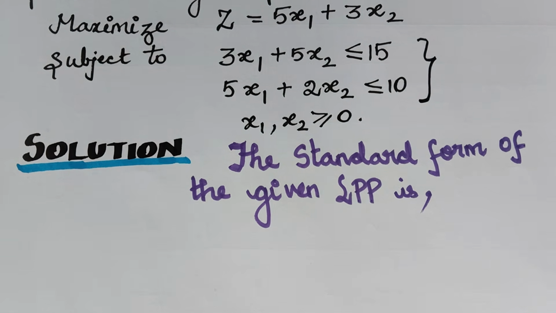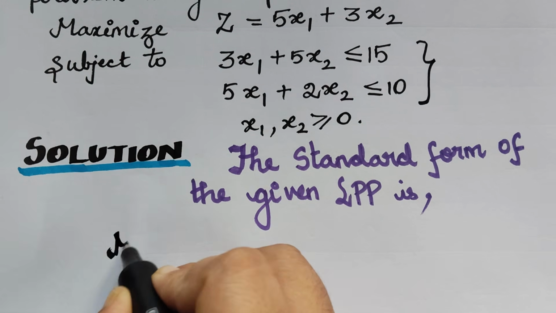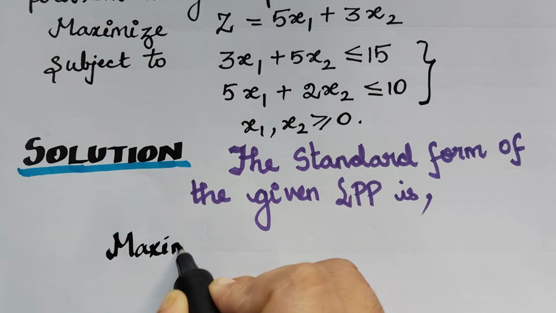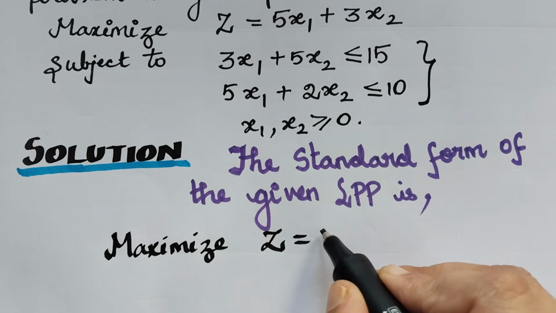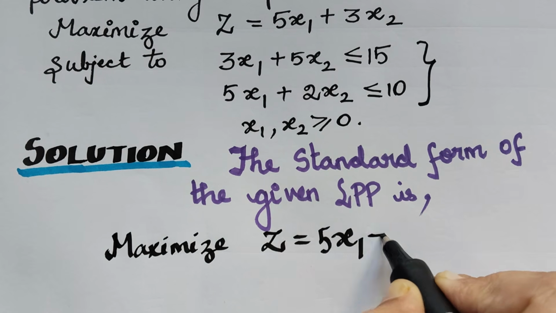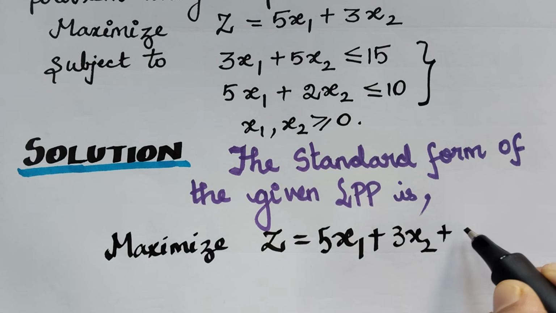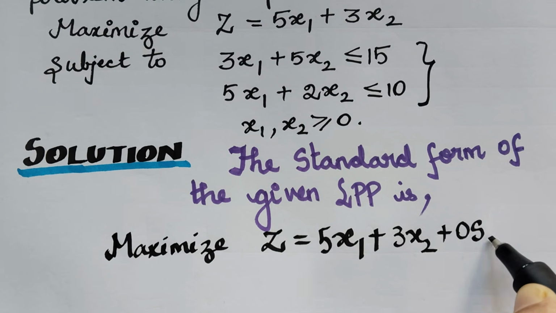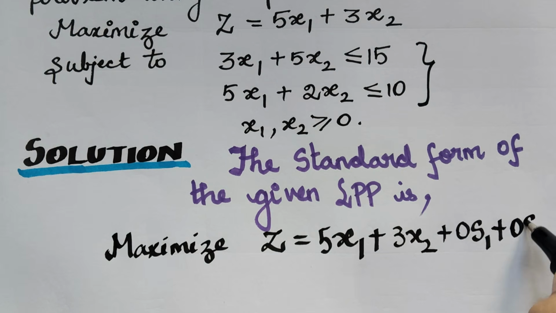And so the standard form of this problem will turn out to be maximize z is equal to 5x1 plus 3x2, and we have to add two slack variables, 0 s1 with coefficient 0 in the objective function plus 0 s2.